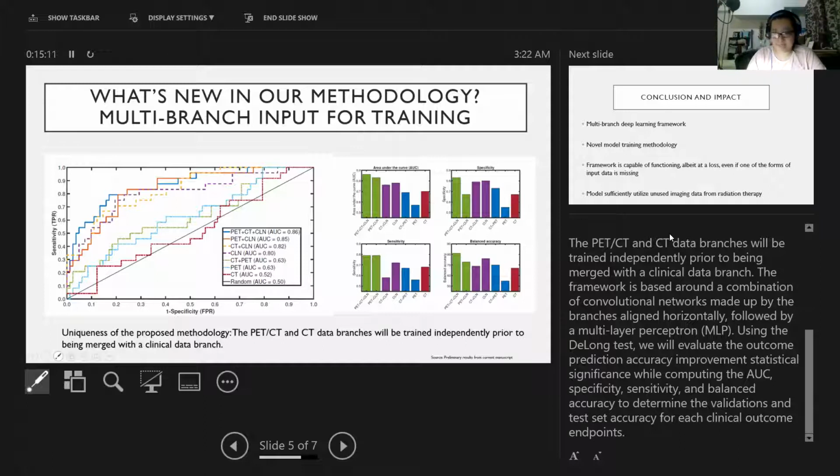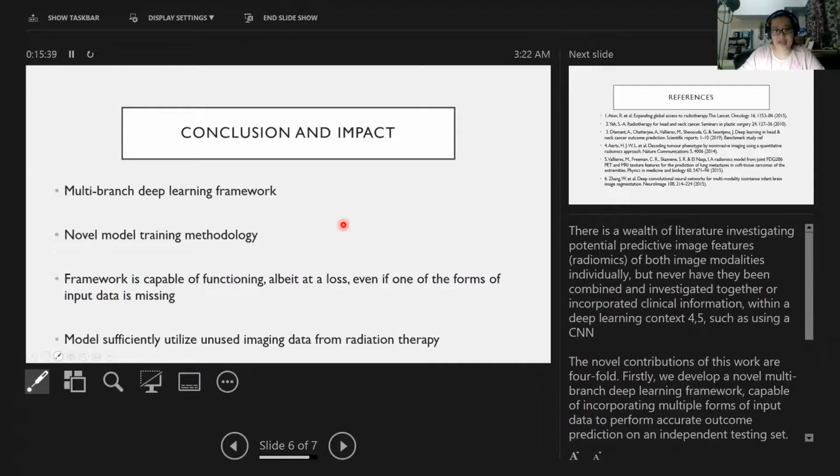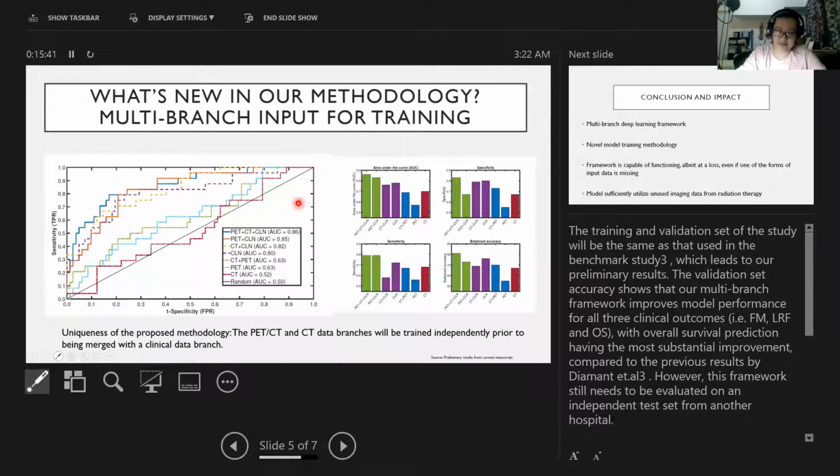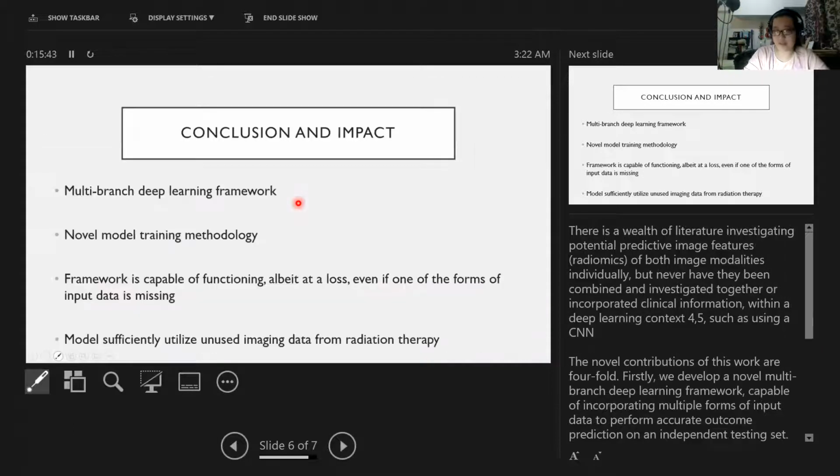And using the log test, we will evaluate the outcome prediction accuracy and improvement statistical significance while computing the AUC, specificity, sensitivity, and balanced accuracy to determine the validation and test set accuracy for each clinical outcome endpoint. So that's how these graphs came about. And by the way, we'll do the same for the test results to confirm.